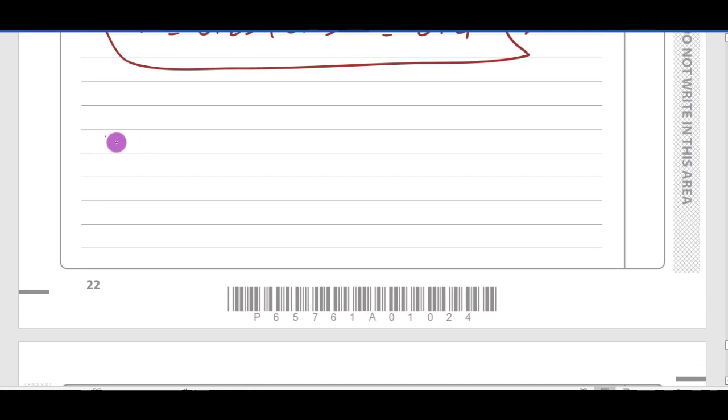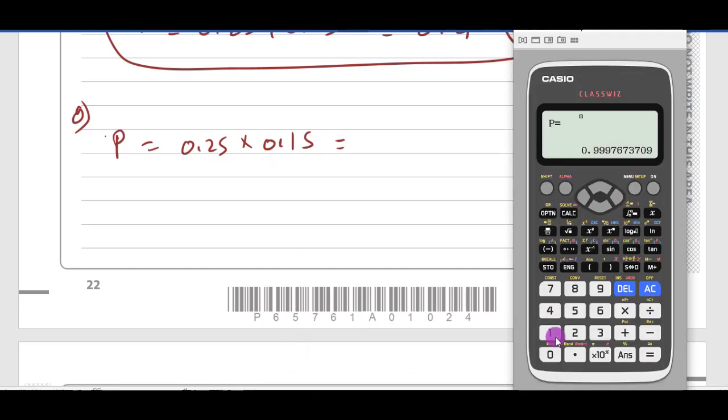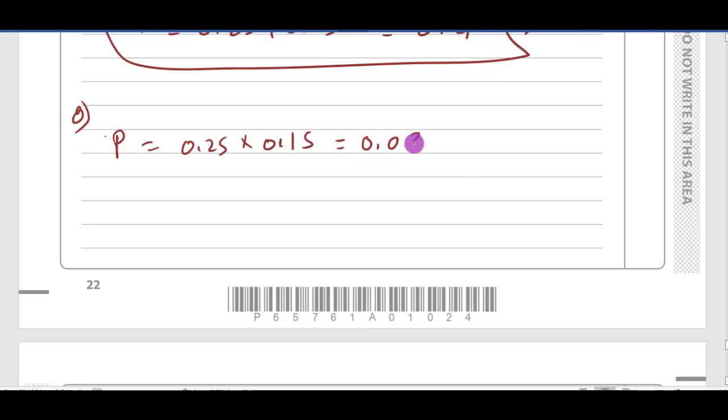So the probability will equal 0.25 multiplied by 0.15. So it's equal to 0.0375. And this is the answer of this question.